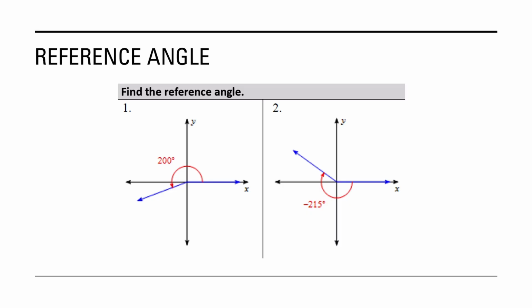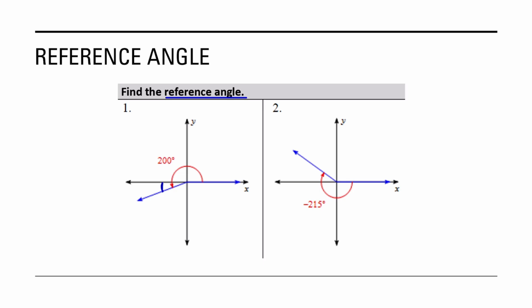So for example, I have these two angles here. Now here I want to find the reference angle. So I'm trying to find what this is equivalent to. If I look at question 1, I'm not looking at what trig ratio, I'm simply looking for the reference angle. So here I've got 200 degrees. The reference angle is going to be the angle between the line and the horizontal line.